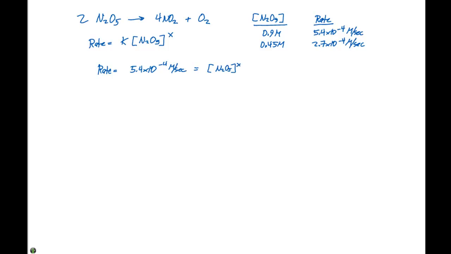Here we have two data points, the first and the second. So we can set up a proportion to figure out how this change in concentration is going to influence the rate. Actually, I forgot the rate constant k here, where the rate is going to be k times the concentration of N2O5.